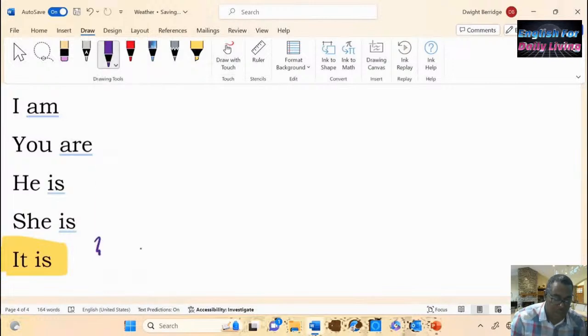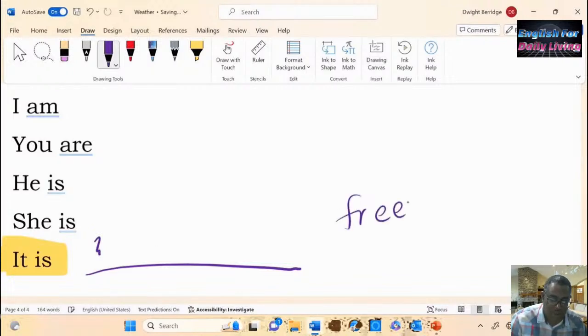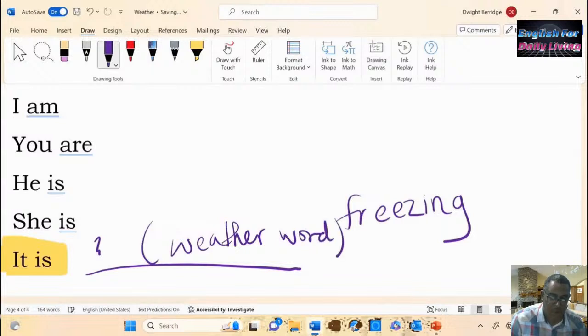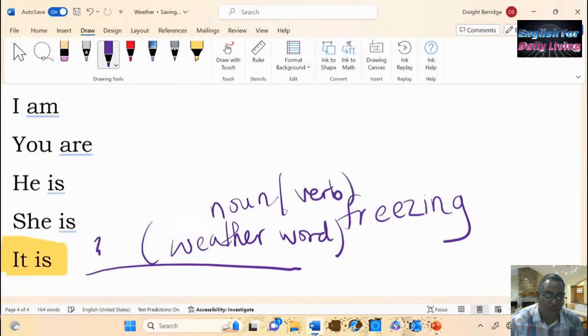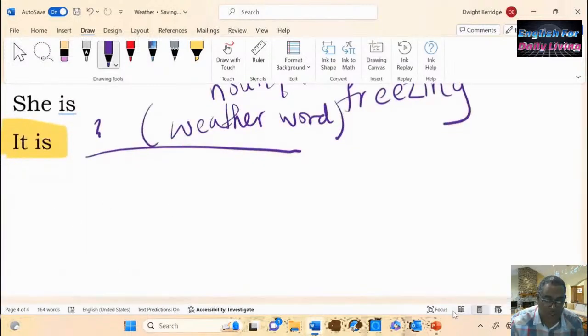And we use the rest of it: it is rainy, it is raining, it is snowing, it is freezing, and so on. It's another word, freeze. Very cold, freezing. Okay, so we use the it is with the weather word. It could be a noun or it can be a verb.